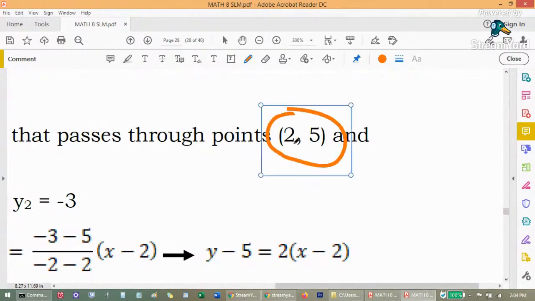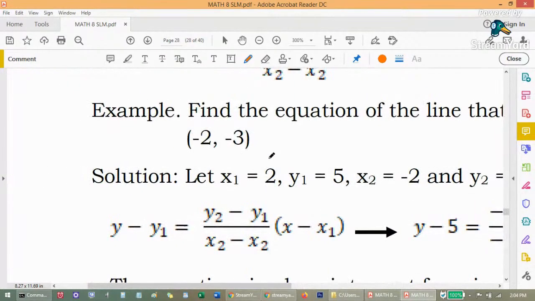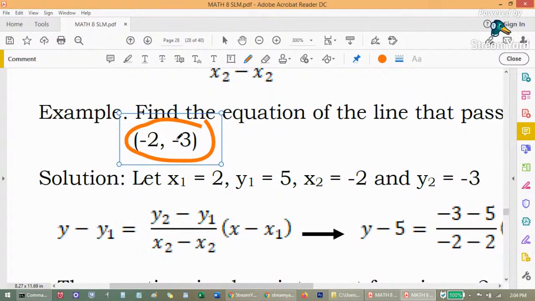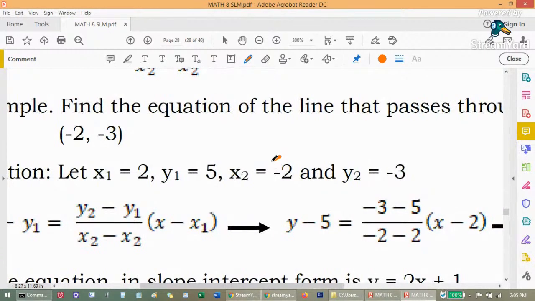So, ito yung first point natin, 2 and 5. Second point naman natin is negative 2 and negative 3. So, negative 2, negative 3, yun ang ating second x and second y.